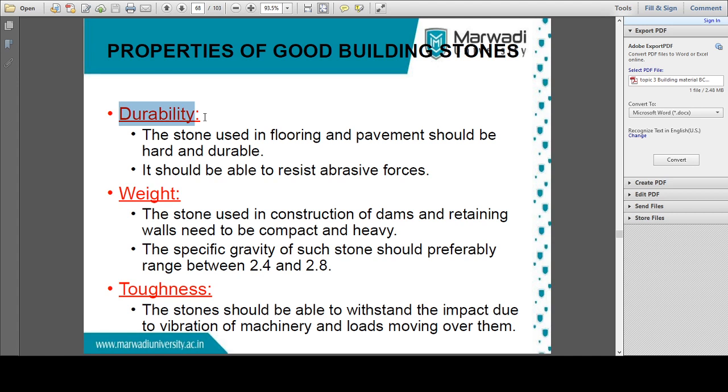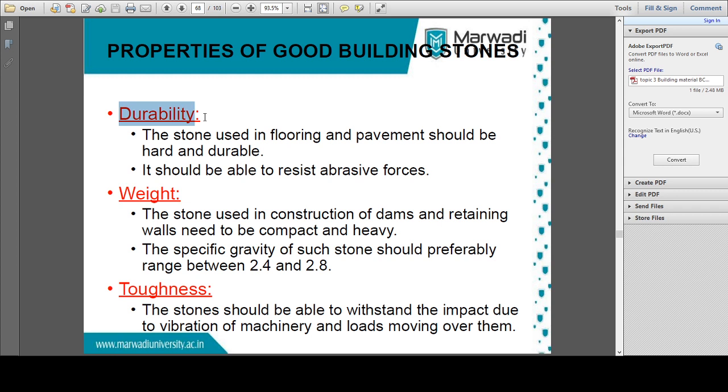If we place this stone in the three worst conditions, that is summer, monsoon and winter: in summer we have intense heat, in winter we have intense cold, and in monsoon season we have a humid climate. In all these three conditions, that is the weathering effect, it will give good performance, and that is why it is a durable one.